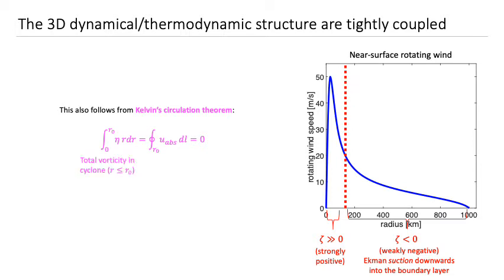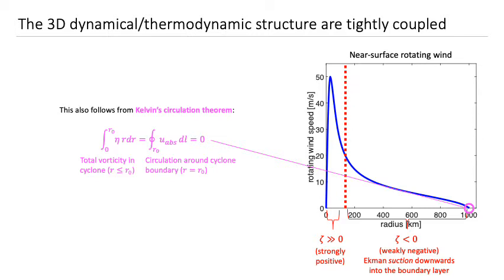What does that mean in the context of our tropical cyclone? If you define the boundary to be the outer radius, here about 1,000 kilometers, where the wind goes to 0, this R0, the total vorticity in the cyclone at radii smaller than R0 has to equal the circulation around the cyclone at R0, which is 0, because we're picking R0 to be the radius where the rotating wind speed goes to 0.